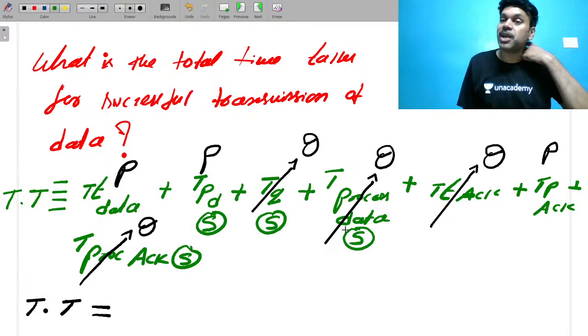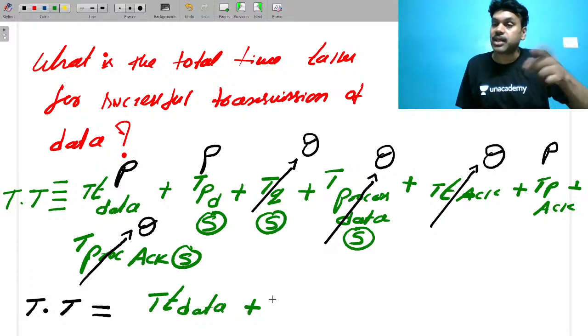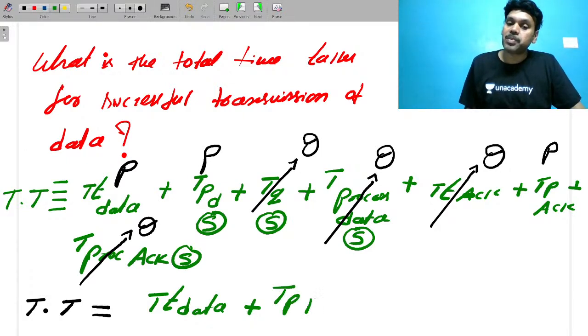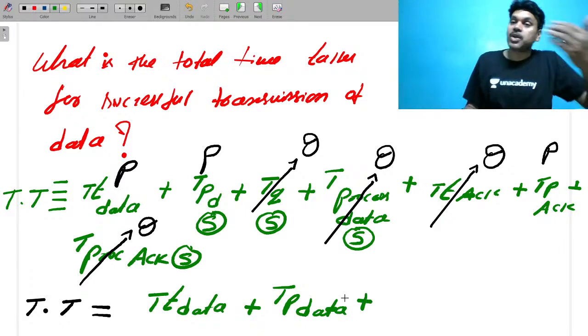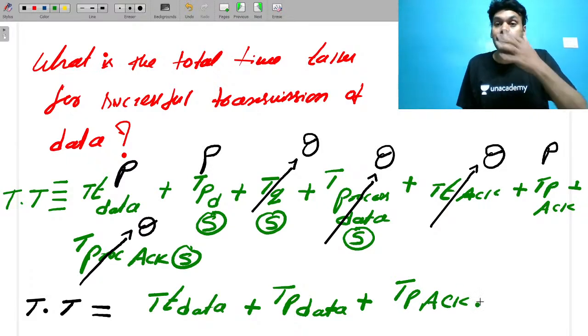So once you eliminate those delays, your total time is going to be TT for your data, mandatory. The sender has to place the data and the data has to propagate onto the medium. So TP for data, and the receiver side acknowledgement also has to do some propagation, so TP for acknowledgement. This is mandatory.